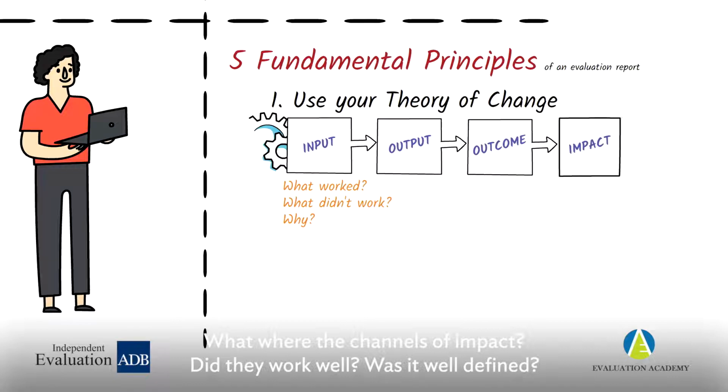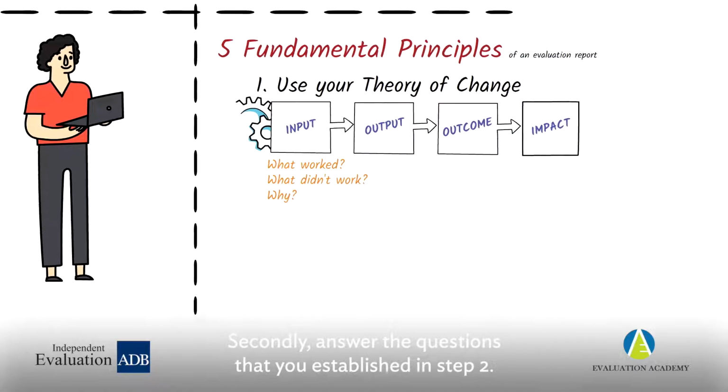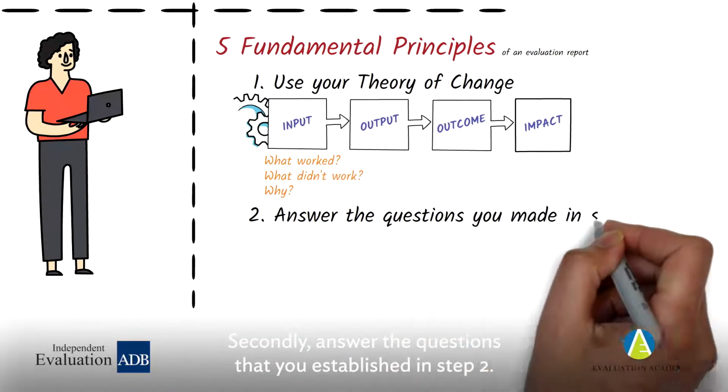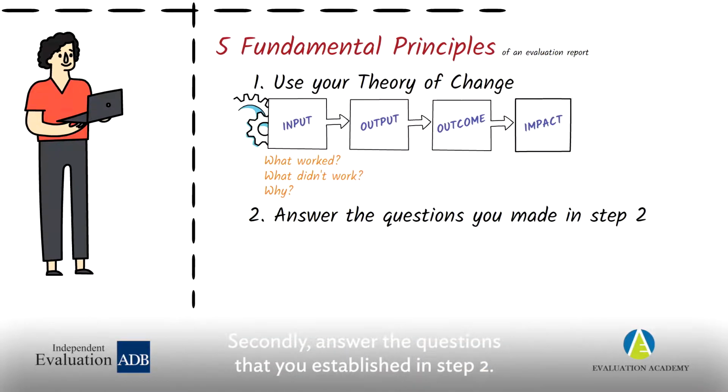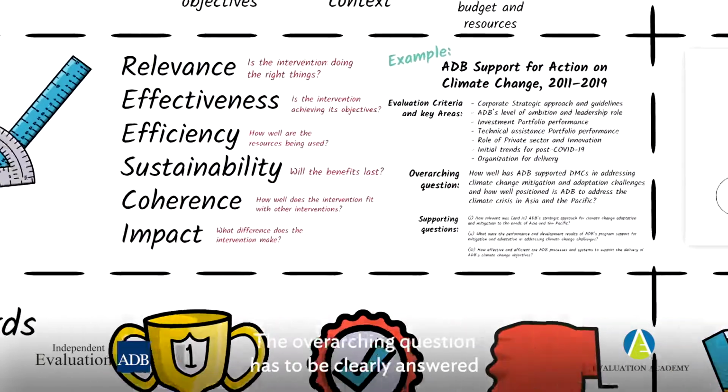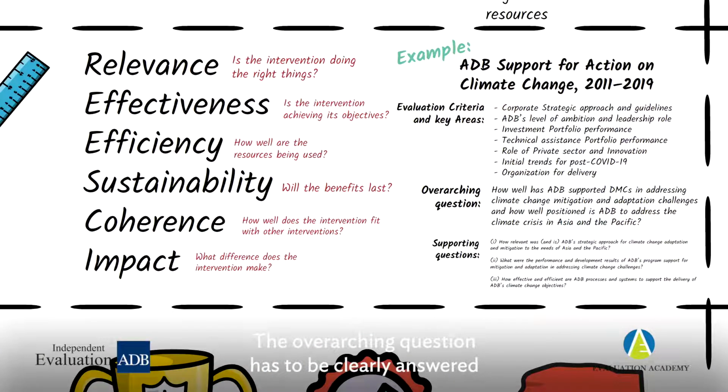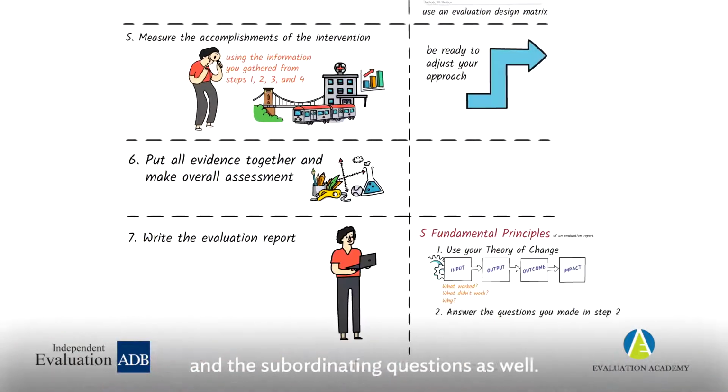Was it well defined? Was there a failure in understanding the circumstances on the ground? Secondly, answer the questions that you established in step 2. The overarching question has to be clearly answered, and the subordinated questions as well.